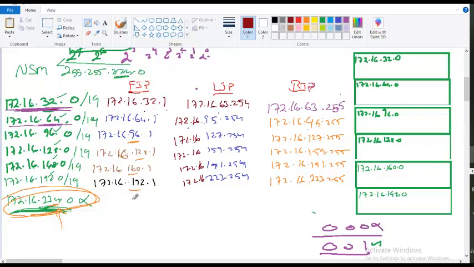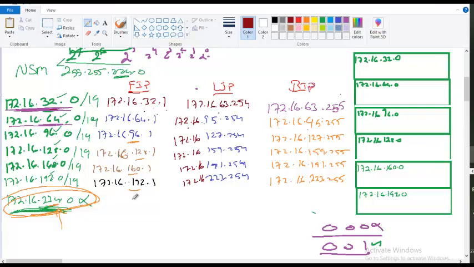It's like we are given 6 departments and we are asked to do subnetting by giving a network. 172.16 is given to us. But what is not given here is how many IP addresses per department.